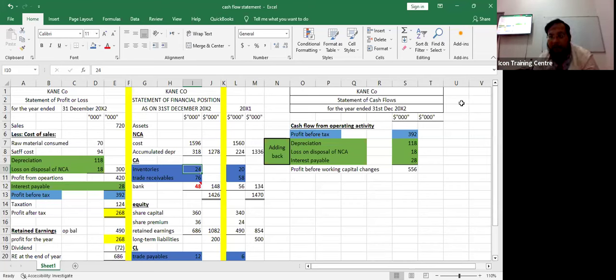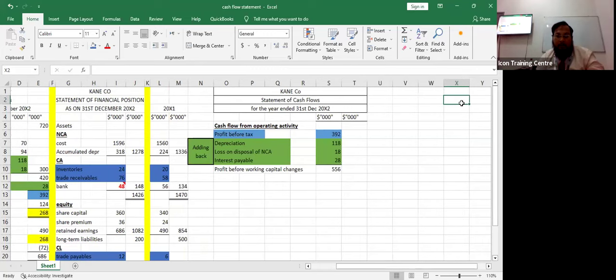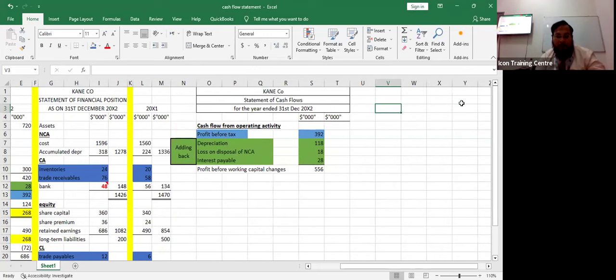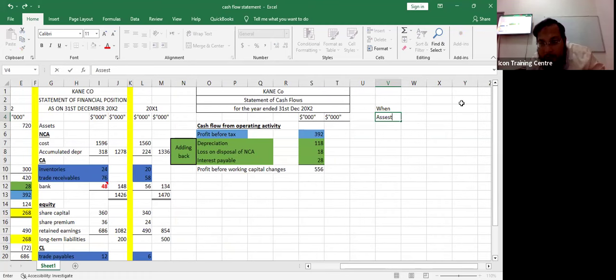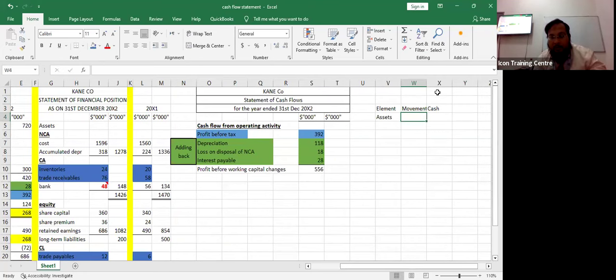Now from here, we can write here: assets, movement, cash.